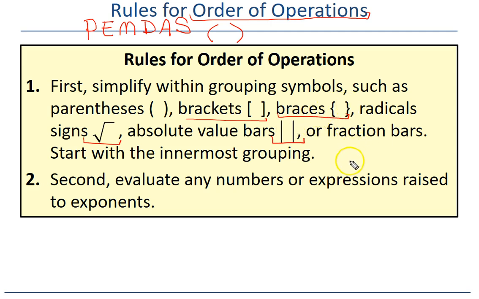And another one that you might not think of is this division bar. If you had like 3 plus 7 plus 2 over 4, this bar is sort of a grouping symbol. You would group all of that first, and then deal with that. Okay, so order of operations.